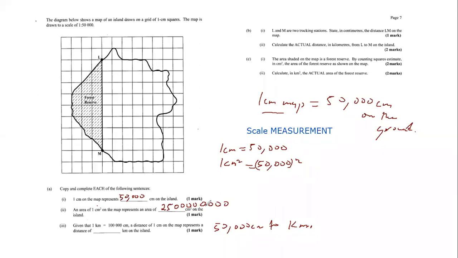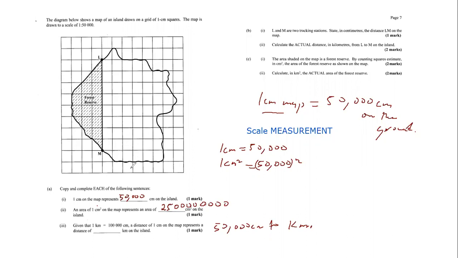Okay, so let's go back to this question now. Given that one kilometer is equal to 100,000 centimeters, a distance of 1 centimeter on the map represents a distance of dash kilometer on the island. What do I do?